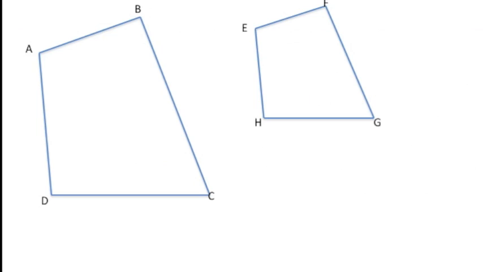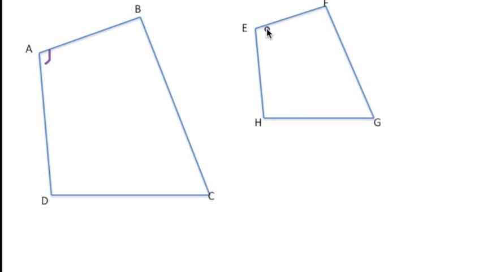So now that you have that information down, we want to look at these two polygons. These are quadrilaterals, and as it says in the upper left corner, ABCD is similar to EFGH. We want to talk about what it means for those two polygons to be similar. The first thing that's going to happen is the corresponding angles are going to be congruent.